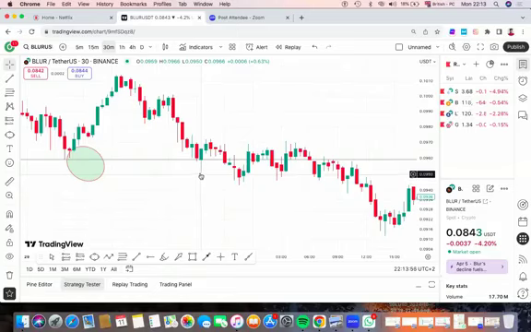For you to have a confirmatory entry that this support has been broken, there have to be at least 2 to 3 candles that confirm it. So you have to have 2 or up to 3 candles that close completely with the body outside this level before you even enter.